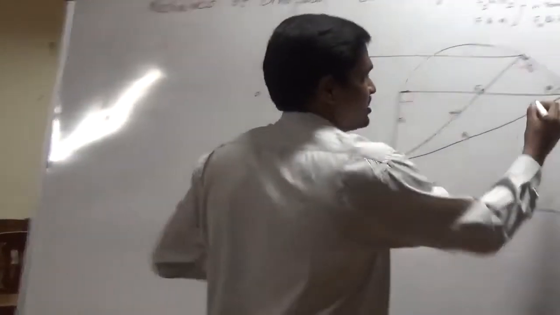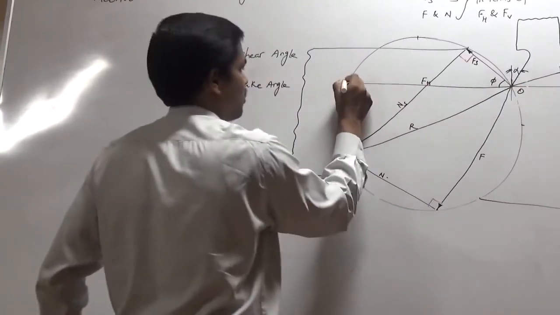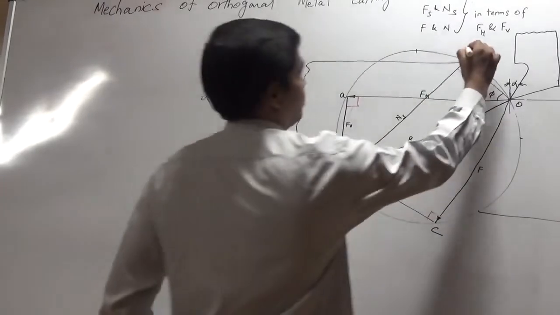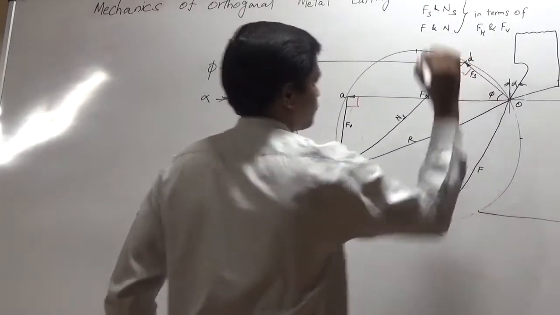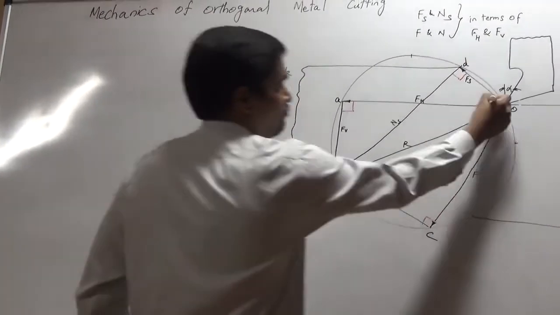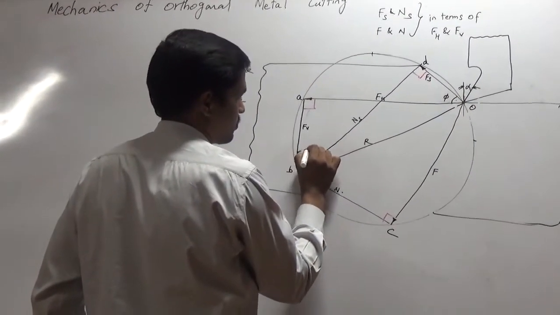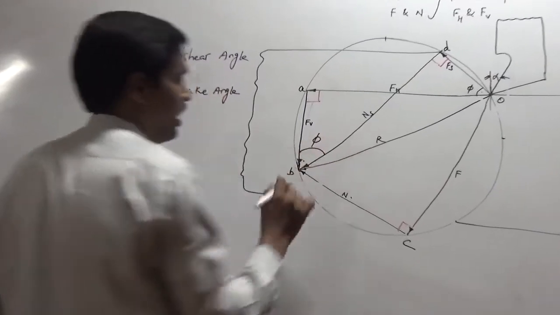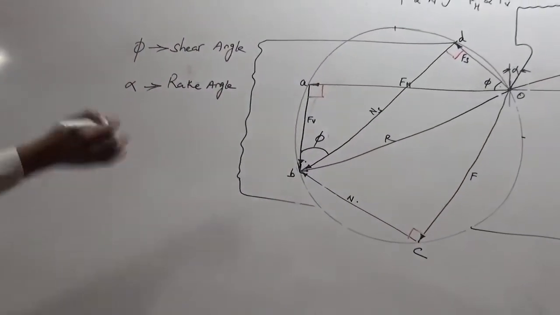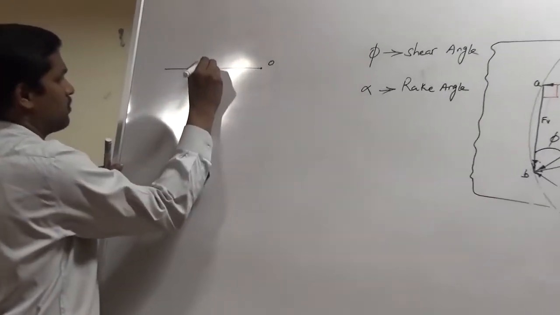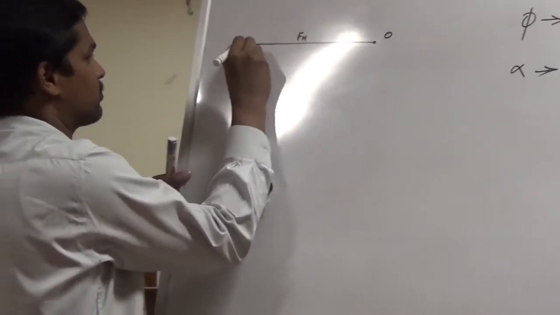For convenience, I just name these points as O, A, B, C and D. And if this is pi, this is also pi. I will tell you how it will be. So isolating these forces, I am drawing O, it's FH.